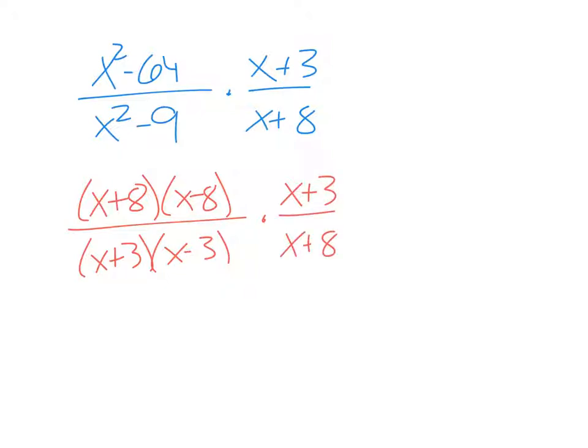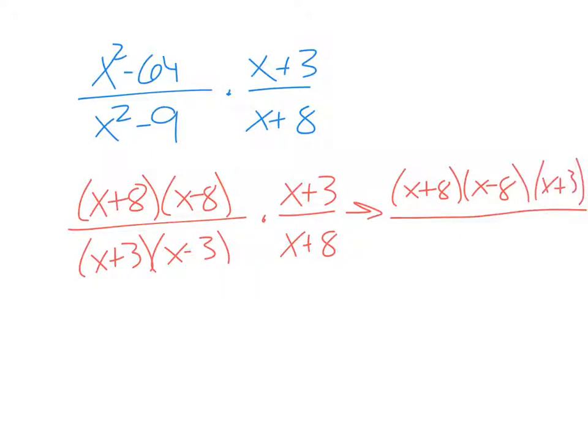And then we're just going to shove everything together. So the numerator is going to be x plus 8, x minus 8, and x plus 3. And the denominator is going to be x plus 3, x minus 3, and x plus 8.